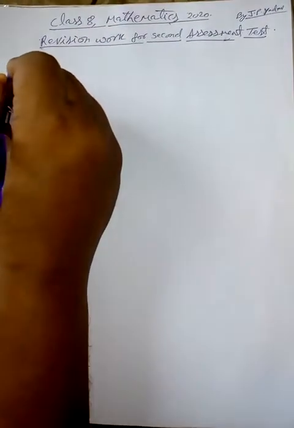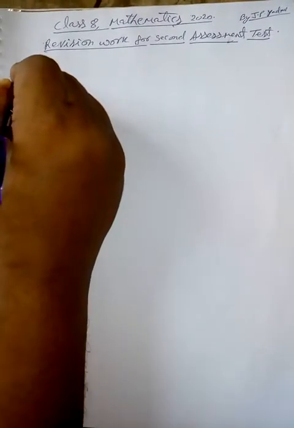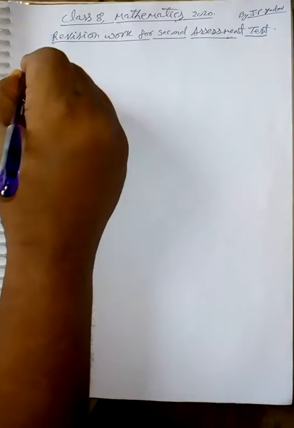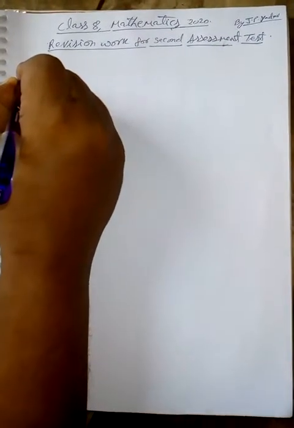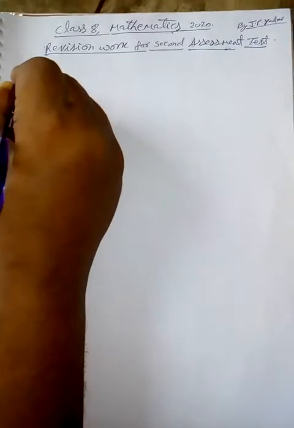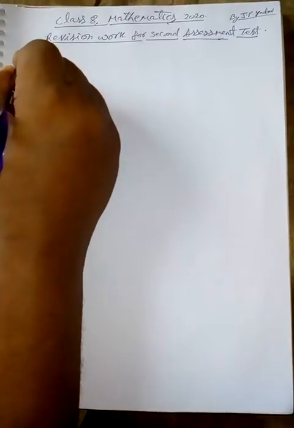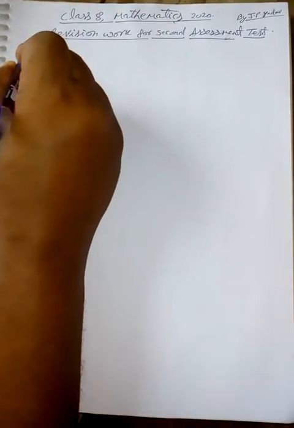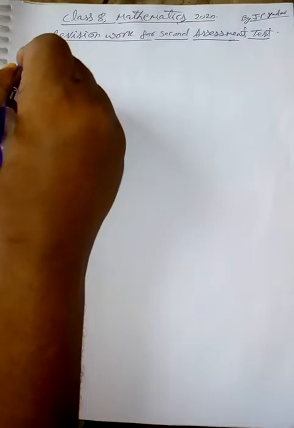First I'm going to do the revision of chapter 1, though only a few questions are going to come from chapter 1 and 2, and most of the questions are coming from chapter 3, and that too exercise 3.1 and 3.2. So from the first chapter I'm going to revise some questions which you should practice first.